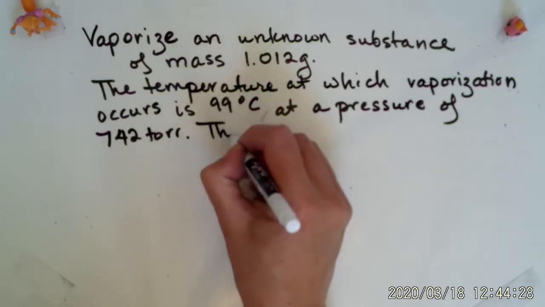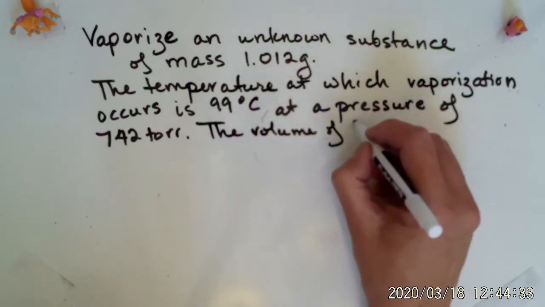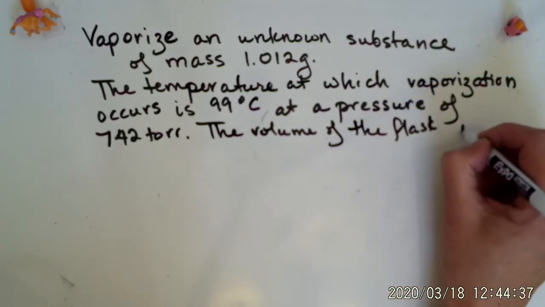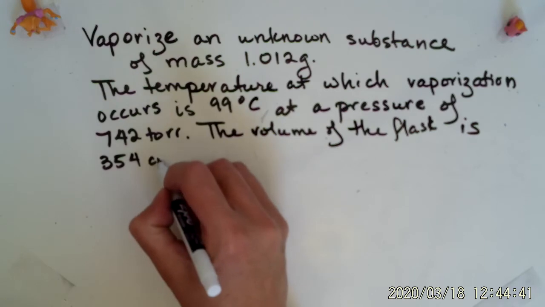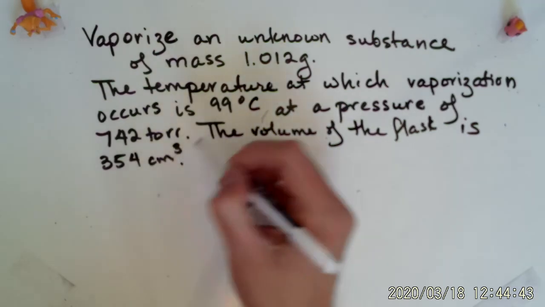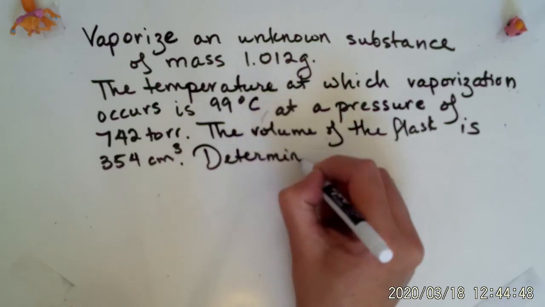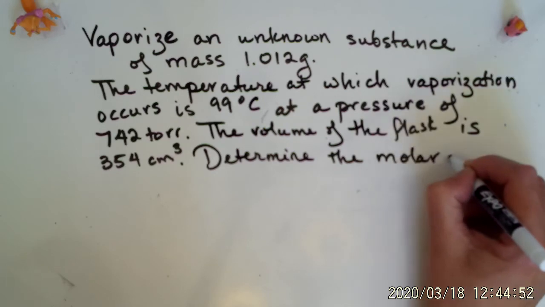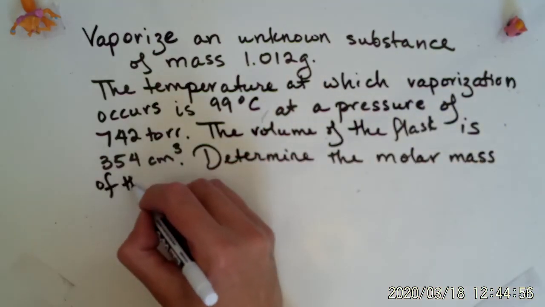The volume of the flask is 354 cubic centimeters. Determine the molar mass of the unknown gas.